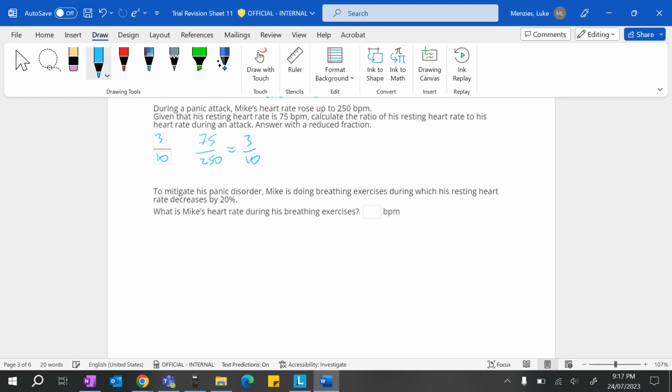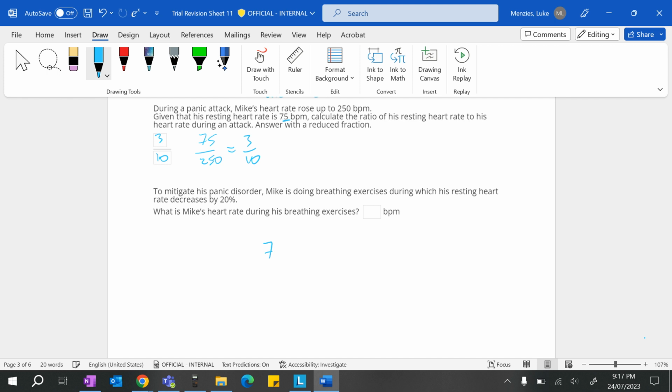To mitigate his panic disorder, Mike is doing breathing exercises during which his resting heart rate decreases by 20%. What's Mike's heart rate during his breathing exercises? Okay, so his resting heart rate was 75, decreased by 20%.